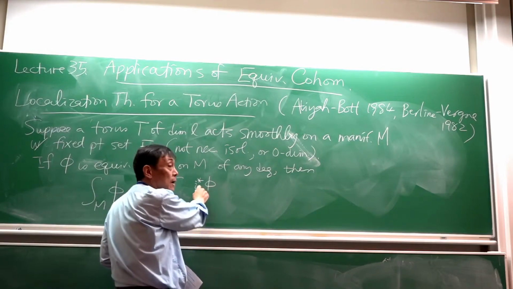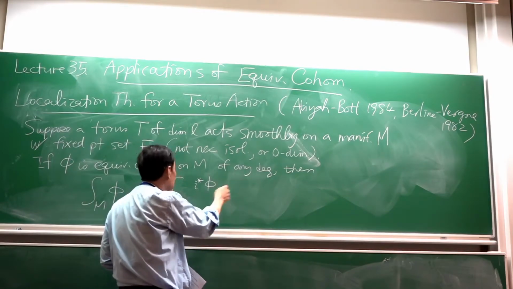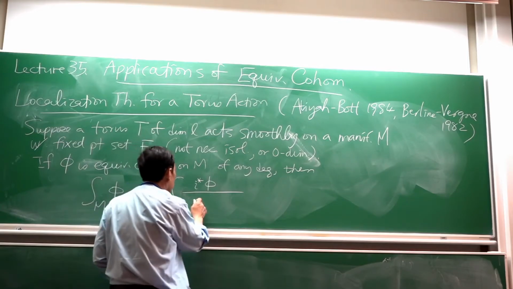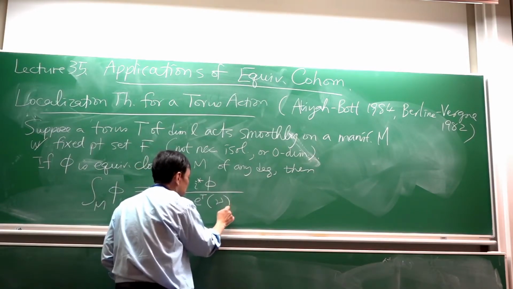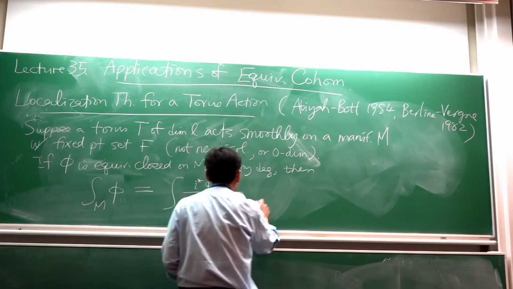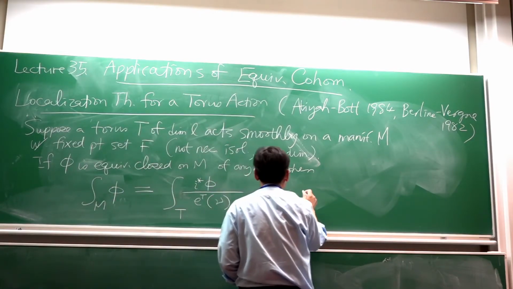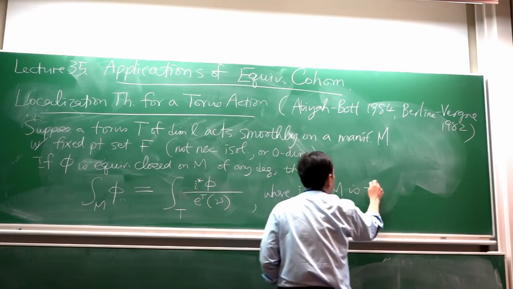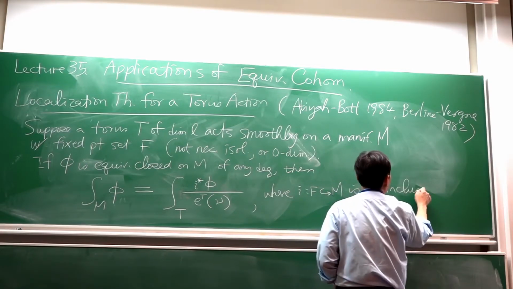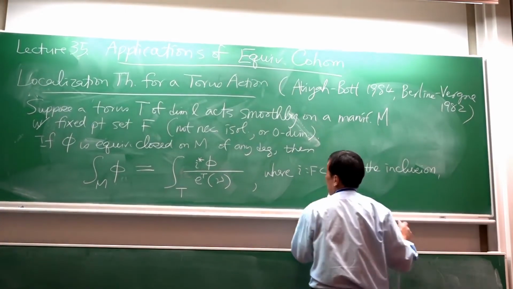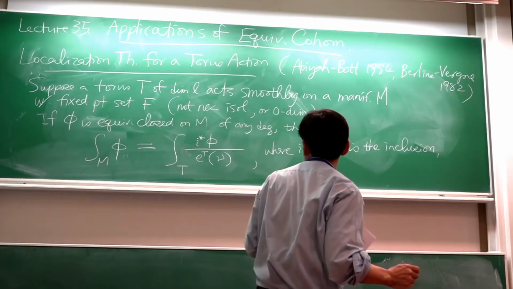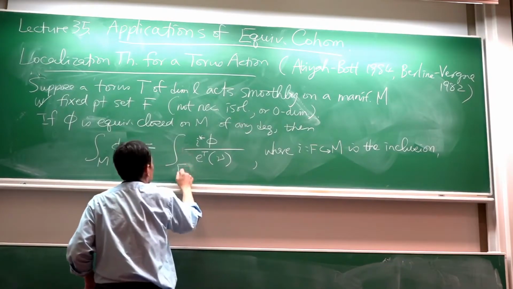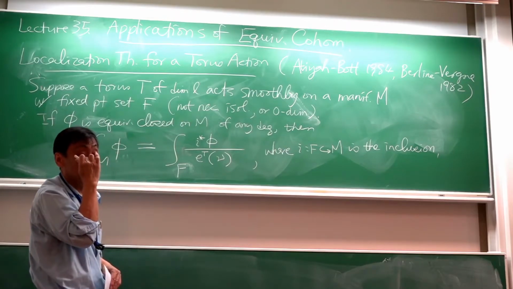This is an equivariant form on F, but you have to divide by the equivariant Euler class of the normal bundle of F. So I turned the integral into an integral on the fixed point set.